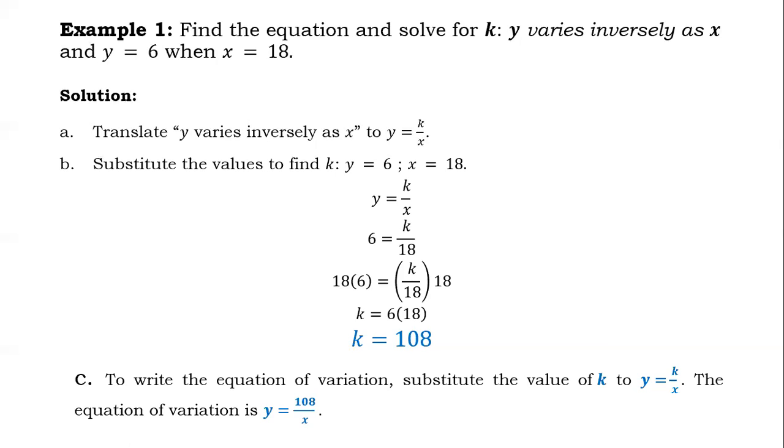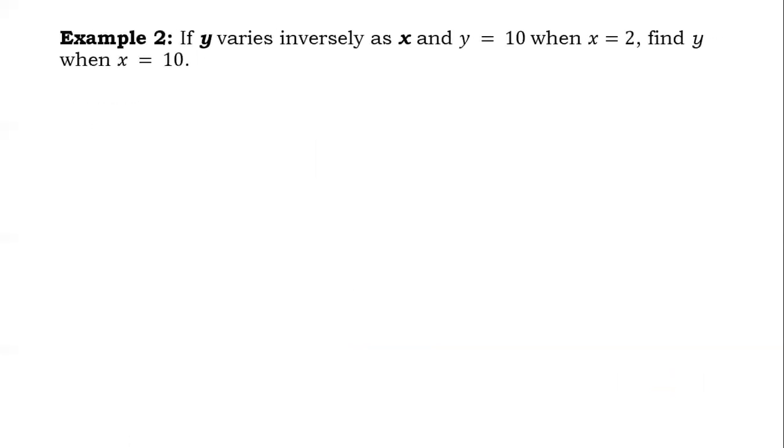So let's try another example. Number 2: if y varies inversely as x and y is equal to 10 when x is equal to 2, find y when x is equal to 10.